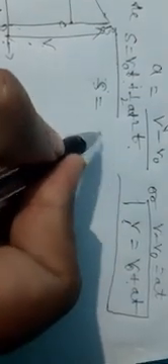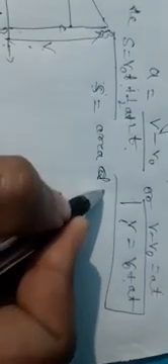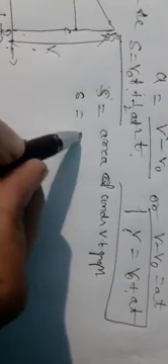The distance S is equal to the area under the velocity graph. What is the area? The area under the velocity time graph. What is the area of this figure? It is the area of a trapezoid.